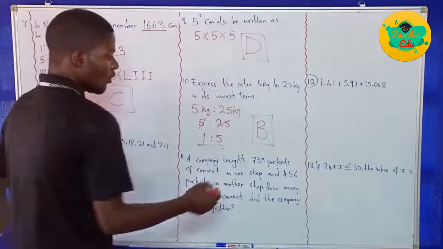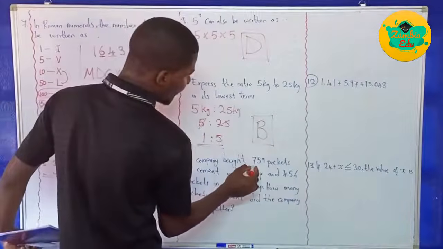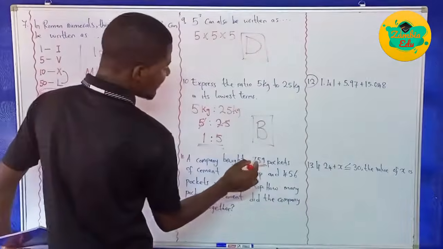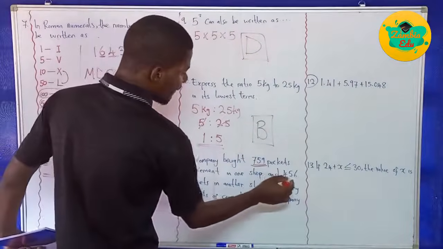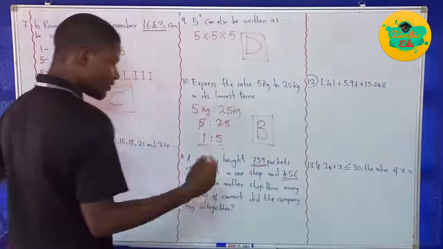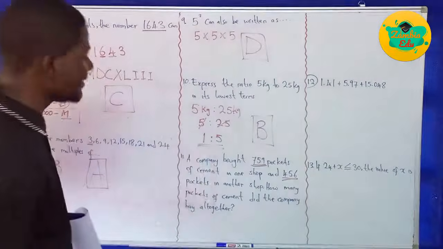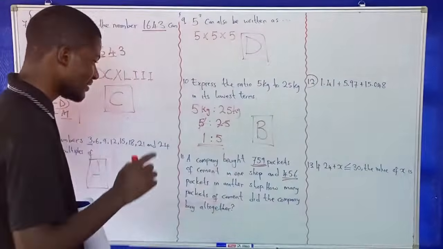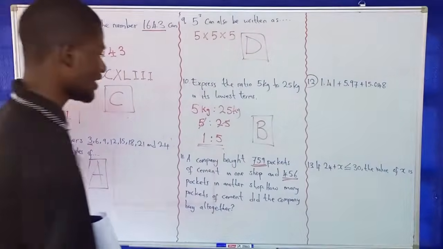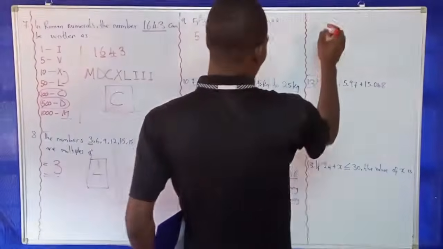So there, we've been told we have 759 pockets of cement bought in one shop, and we have 456 pockets of cement bought in another shop also. So how many pockets of cement did this company buy altogether? So there, we just find the sum.